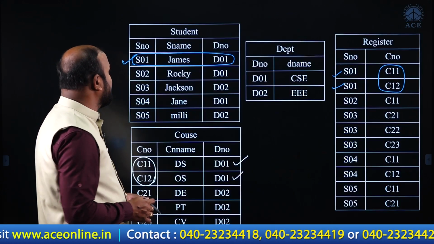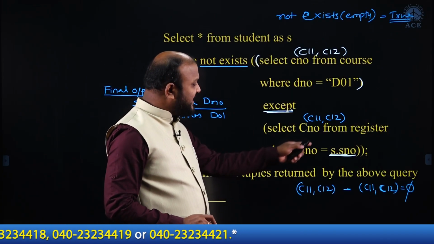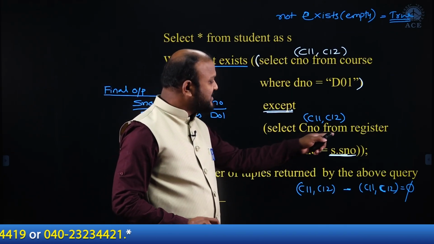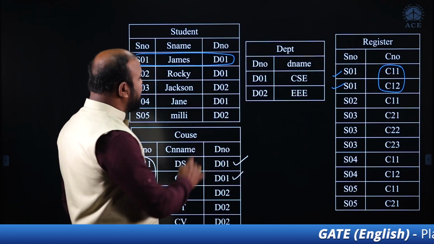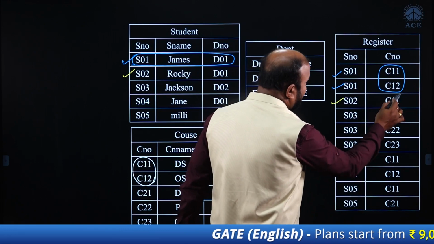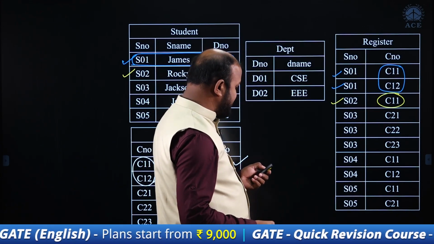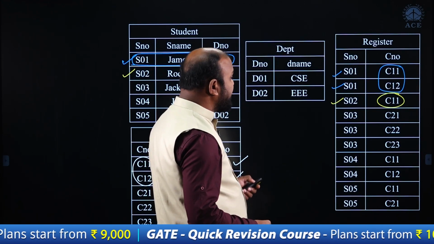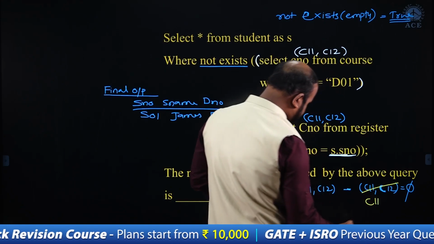For the second row, look at S02. What the second inner query requires is to find the course numbers registered by S02. Look, S02 enrolled in the C11 course. So what is the output of the second inner query? C11, correct?